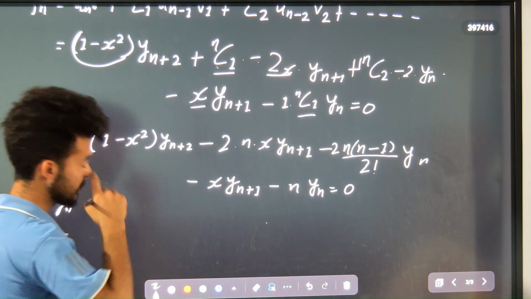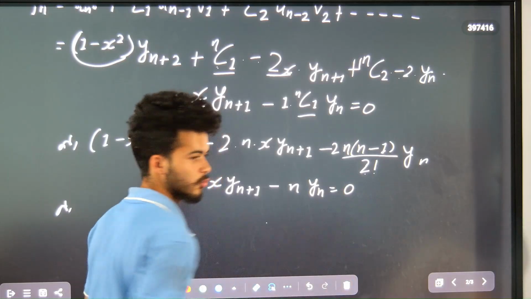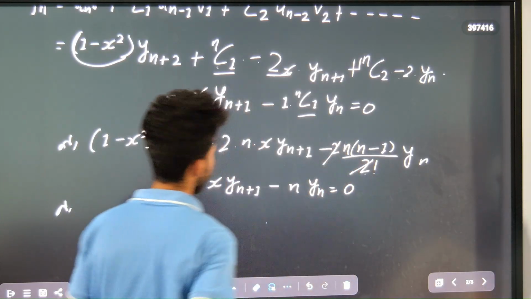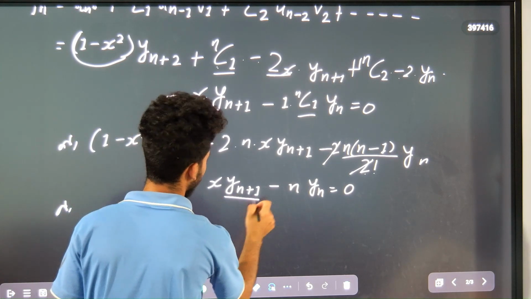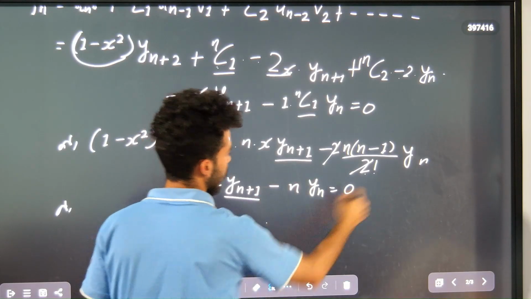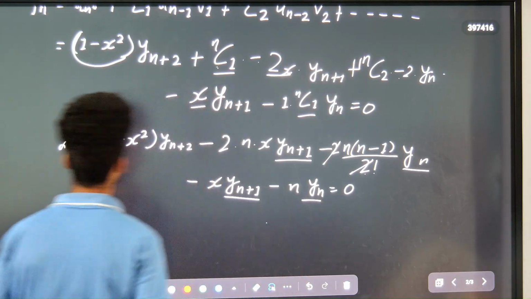Now we can see this is a factorial. So 2 factorial is equal to 2. So this 2 and 2 cancel out. Also we see there is a common term yn plus 1 and yn plus 1. Also there is another common term yn.